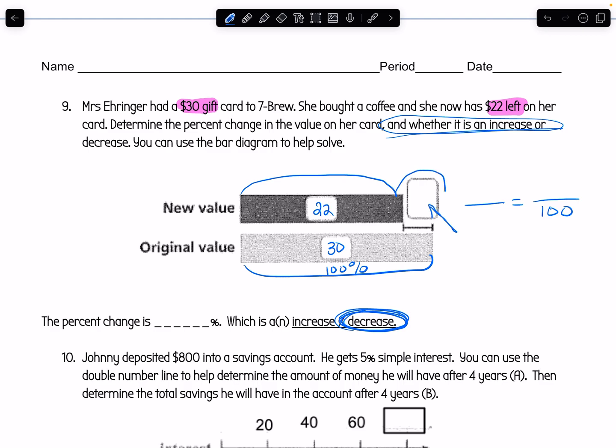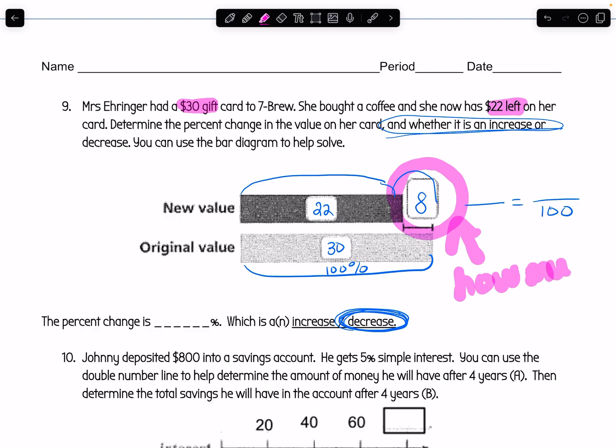So you'll have to calculate what goes here, and I think you could do that by 30 minus 22. So it's $8 that goes here. And here's why the question wants to kind of mess you up. What's it asking for? It's asking for this part.